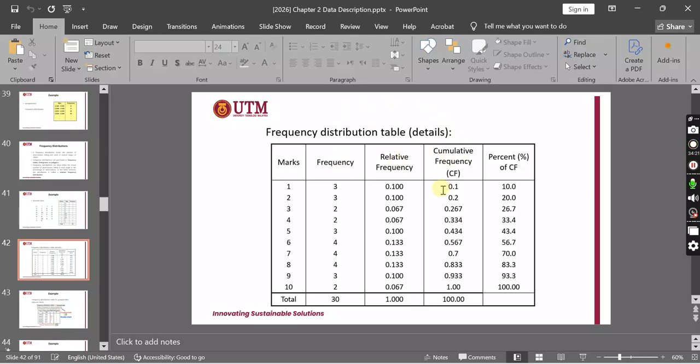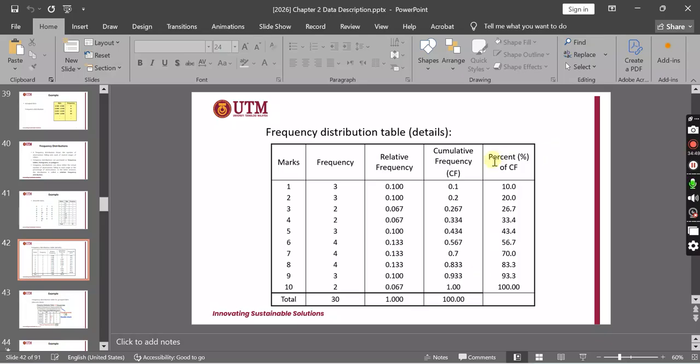Now the first one is 0.1, so you put 0.1 here. 0.1 plus the next one, 0.1, 0.2, plus 0.067 equals 0.267, plus 0.067 equals 0.334, and so on. The last one must be equal to 1 for your double check.